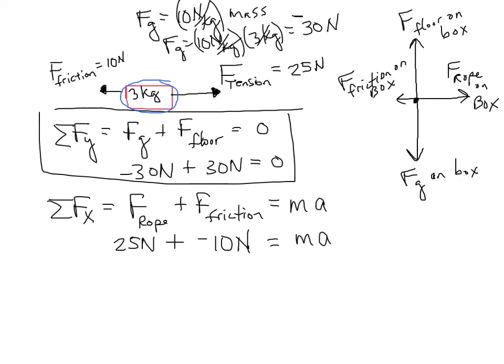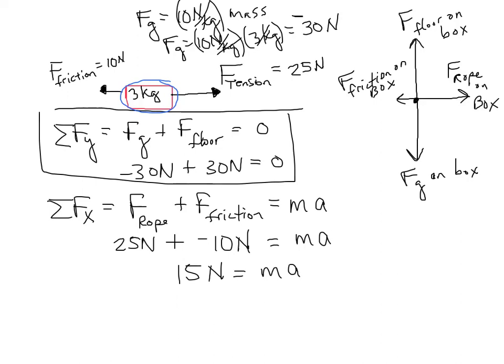Now, I don't want to bother with this quite yet. First, let's figure out what this here is. So the summation on the left side of the equation here, what does that give us? 25 newtons plus a negative 10 newtons gives us a 15. That'd be a positive 15 newtons. And that equals, again, mass times acceleration.